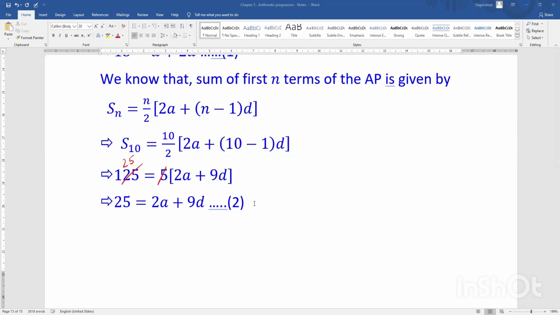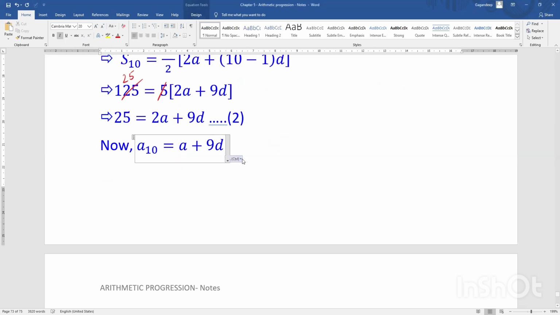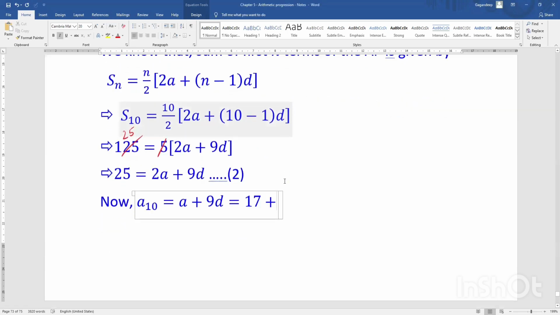Now A10 is equal to A plus 9D. So here the value of A is 17 plus 9 into D value. How much is D value? D value is minus 1. I'm going to put D equals 9 into minus 1. Or we get it as 17 minus 9, which is equal to 8.